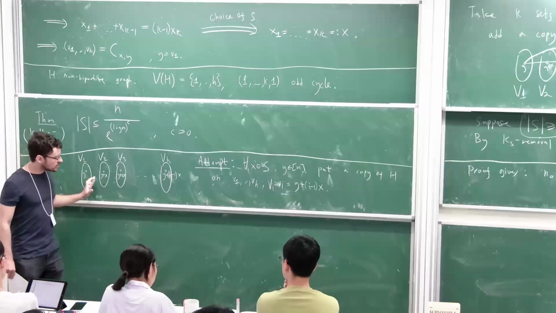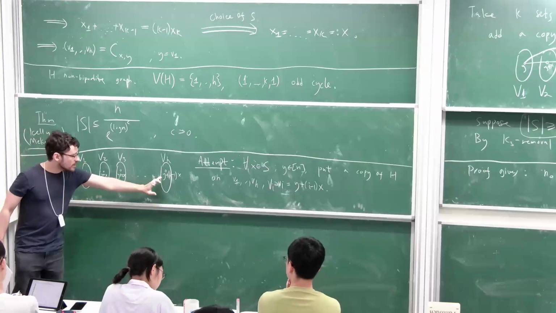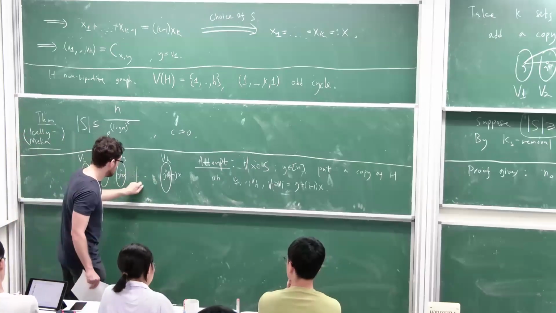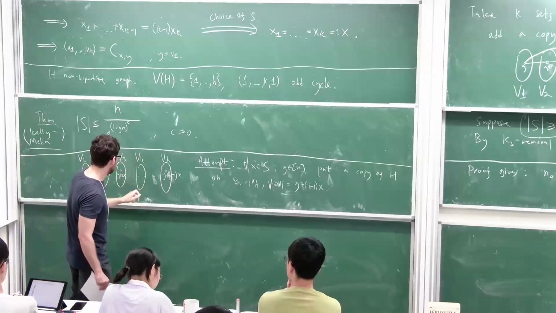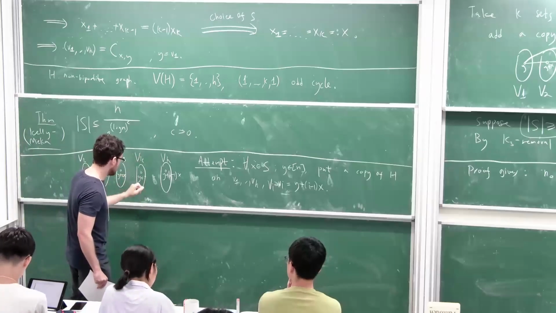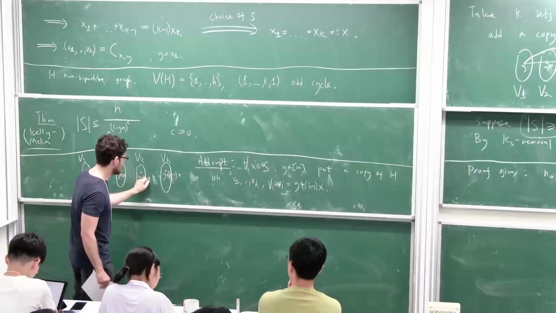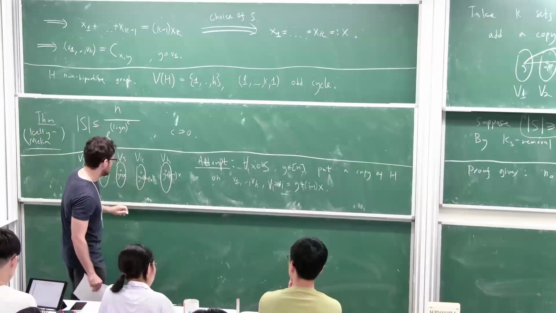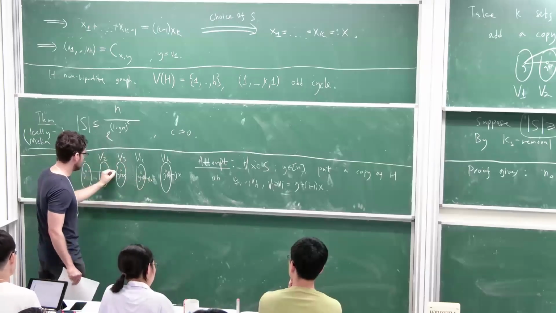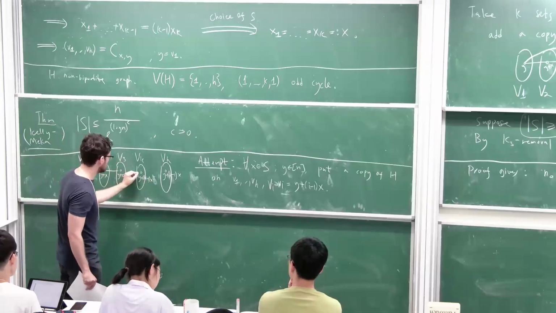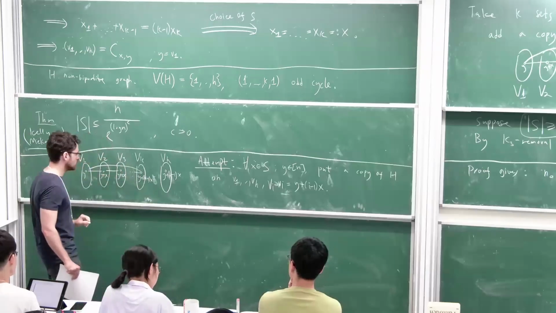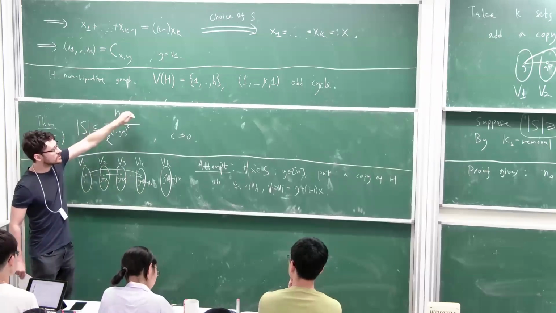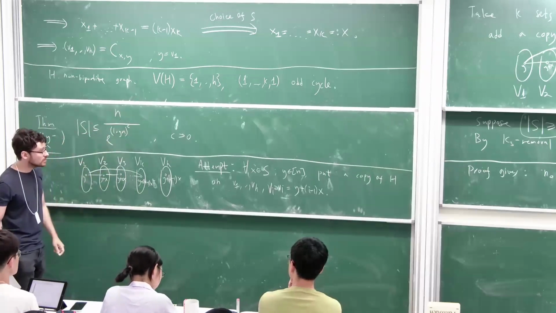So if we did know that every copy of H looks this way, then in particular, on the first k vertices, up to v_k, y plus (k minus 1) x, we have an odd cycle, because we assume that the first k vertices of H make an odd cycle.